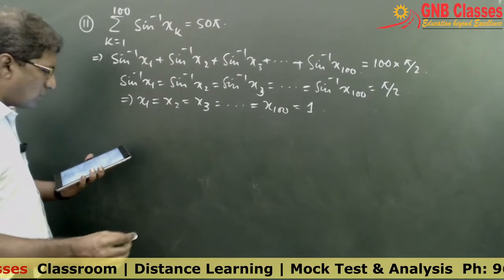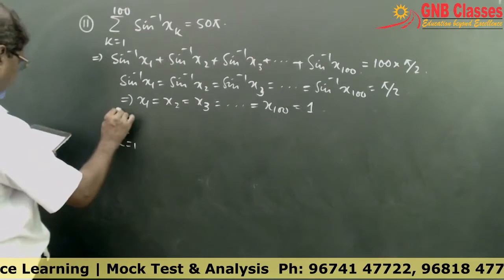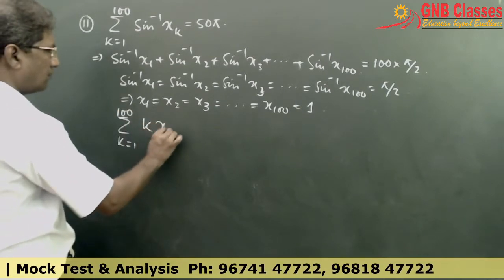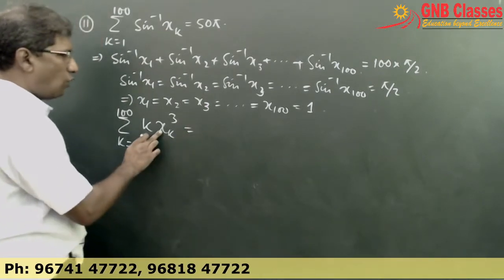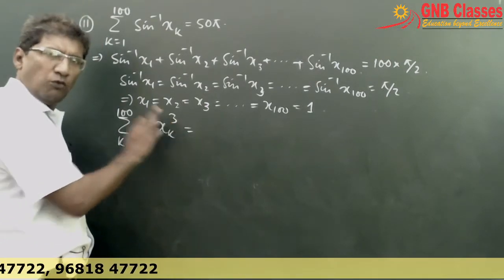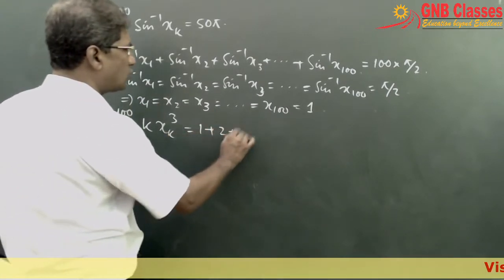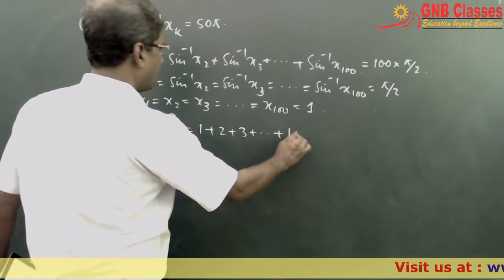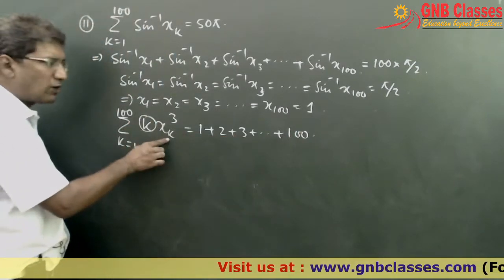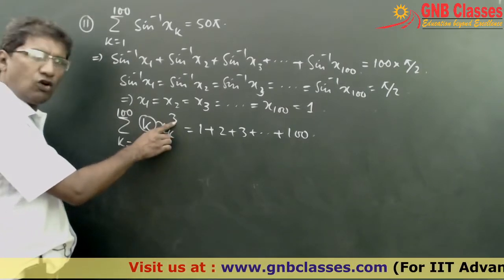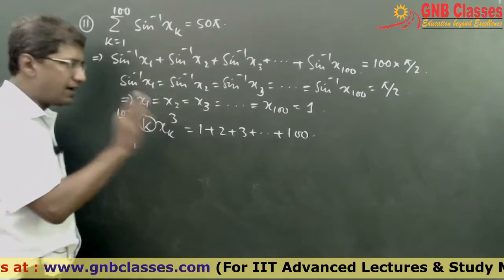Now they have asked us to find the value of the sum of all x k cube, which will give you nothing but 1. So it is basically 1 plus 2 plus 3 plus till 100. Have you understood this? These values are coming because of this k, not because of this, because x k whole cube, all values will be 1 when k is from 1 to 100.